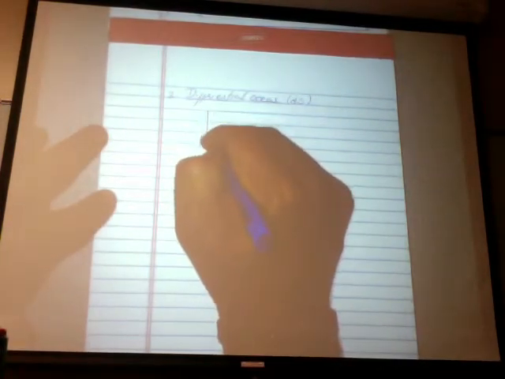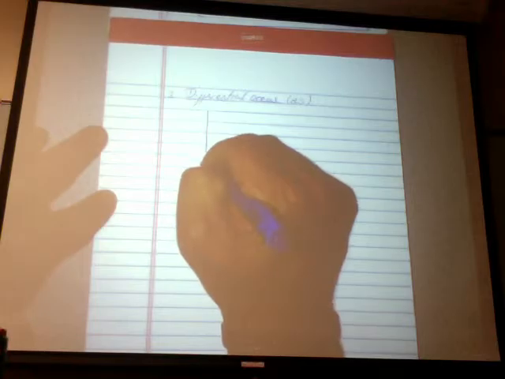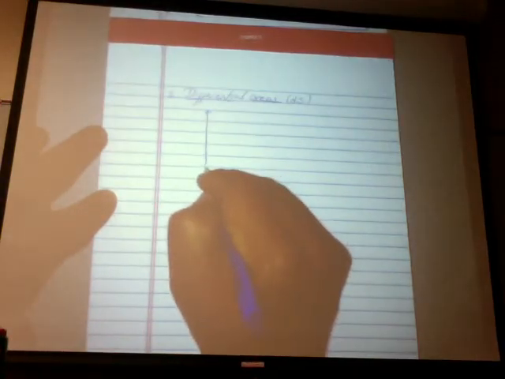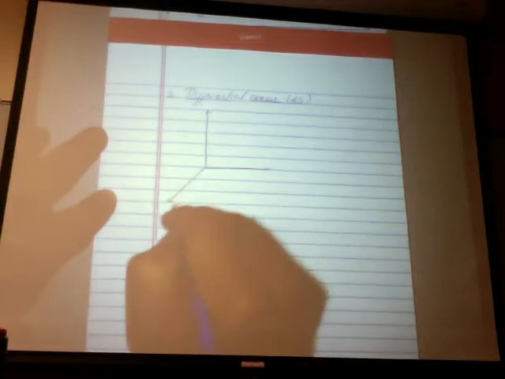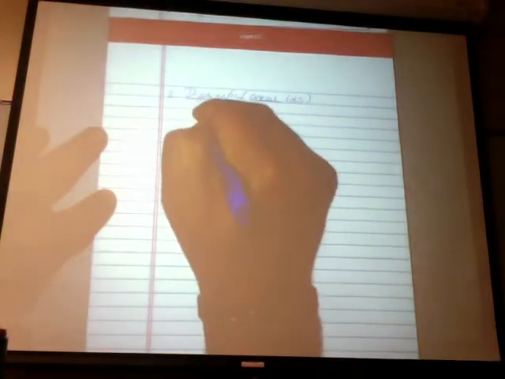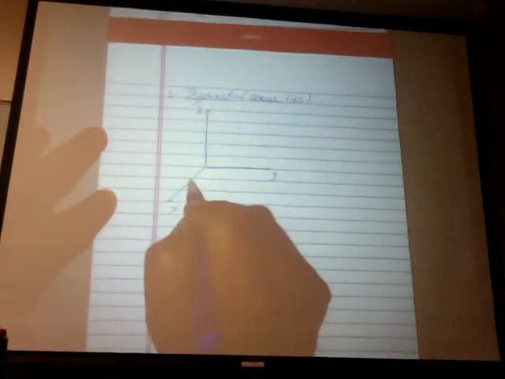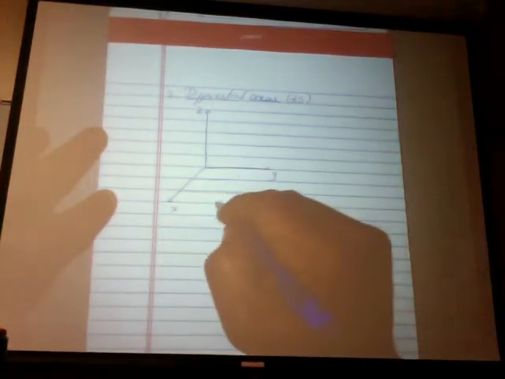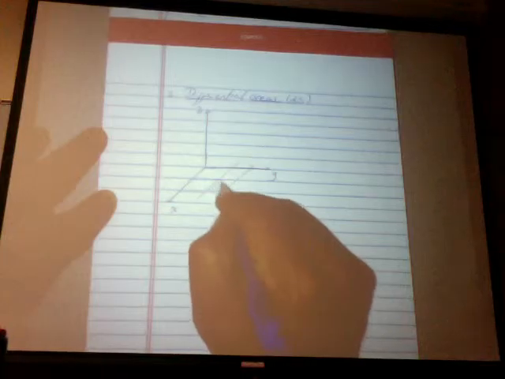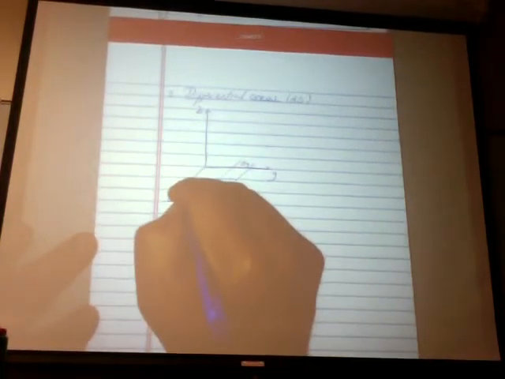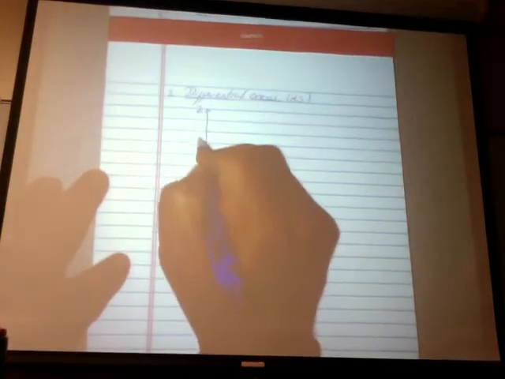So in the Cartesian system, x, y, z. So right here, right here, right here. Let's say that this is dy, this is dx, and this is dz right here.